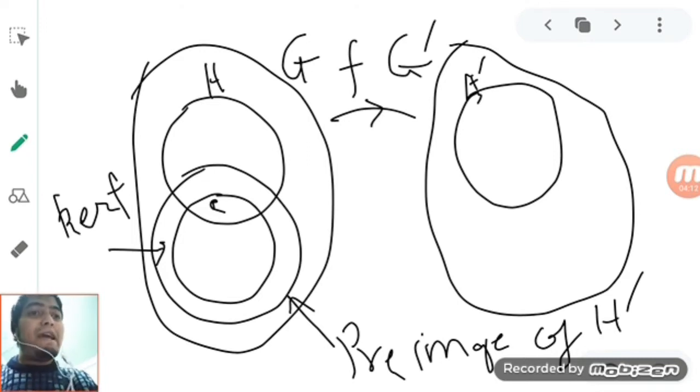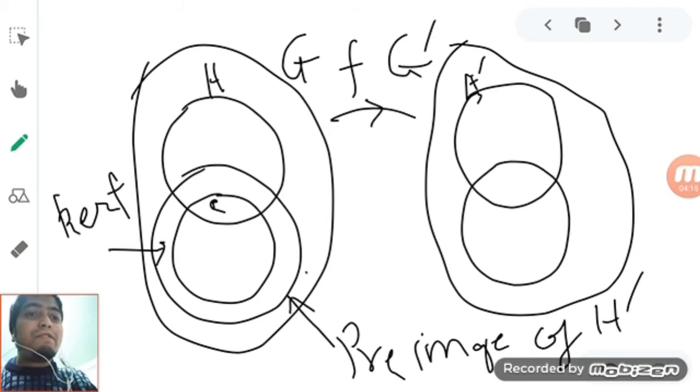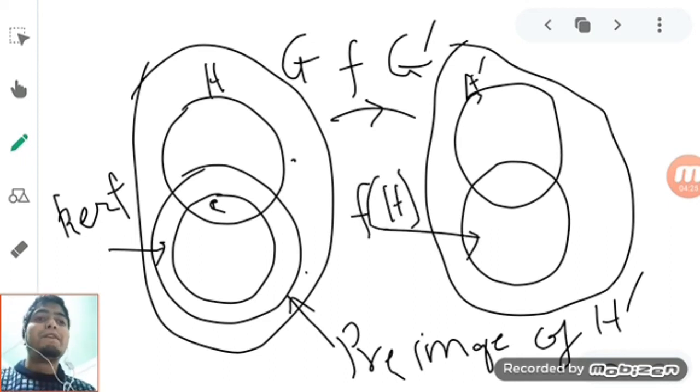And moreover, what do we have? We have that the image of H, which we denote by f(H), will also be a subgroup, but it will be a subgroup of G dash. So this is a rough representation of what we are going to do.